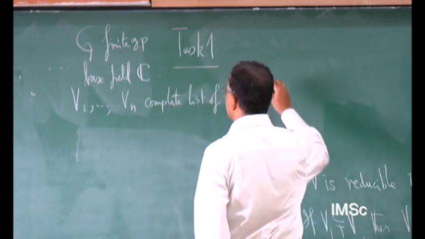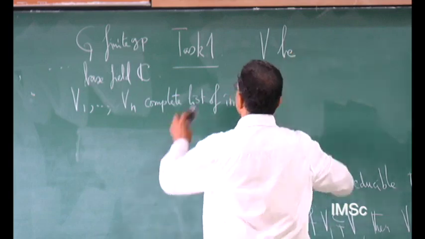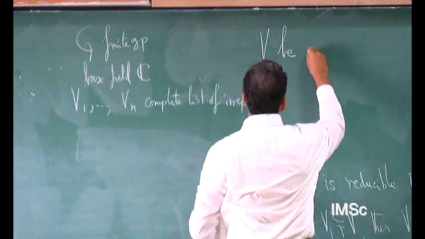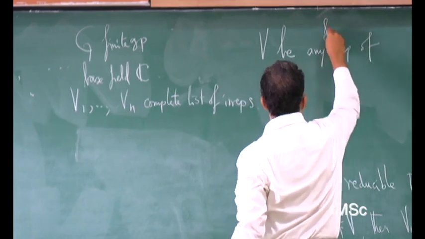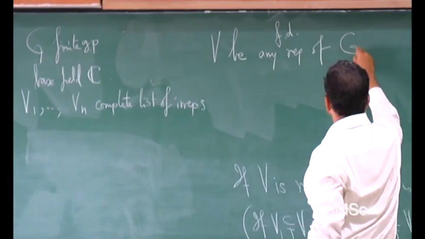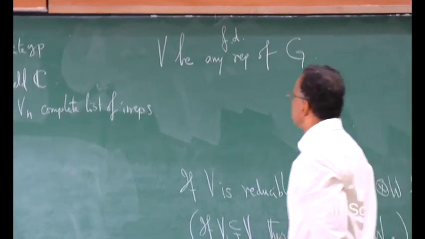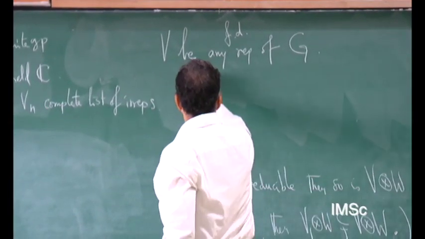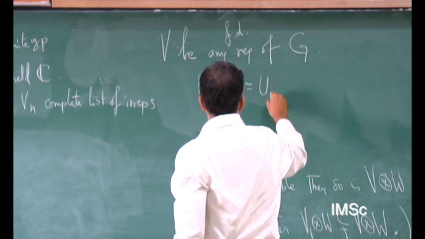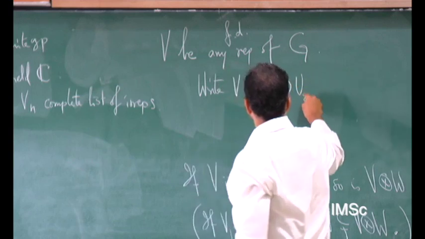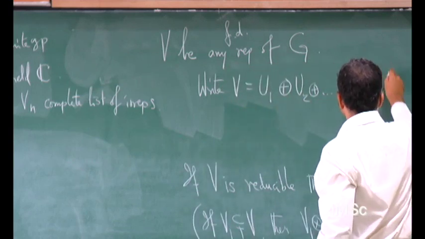the statement was, you let V be any finite dimensional representation of G. Then write V as the direct sum U1, U2, etc., with Ui irreducible.